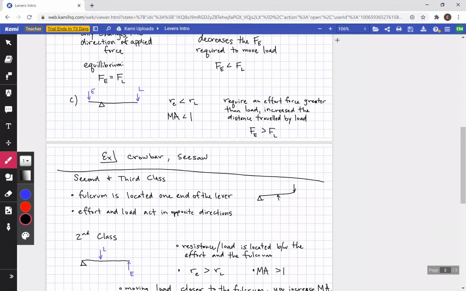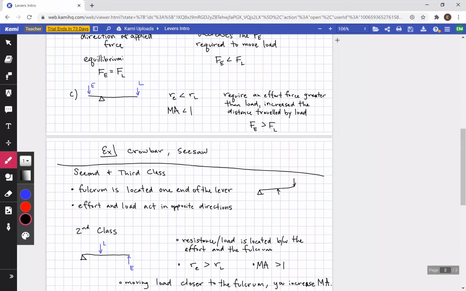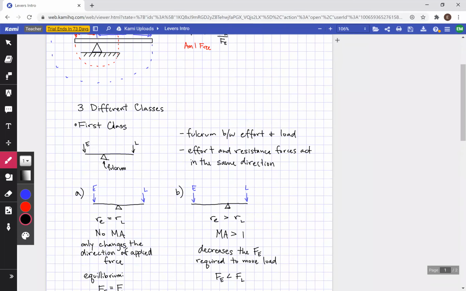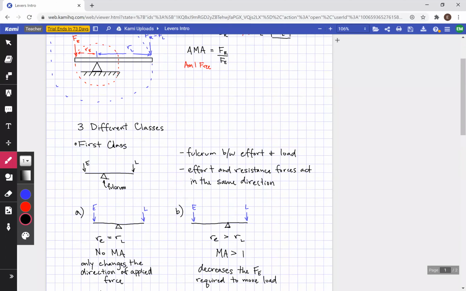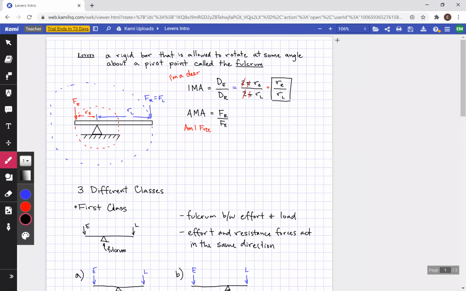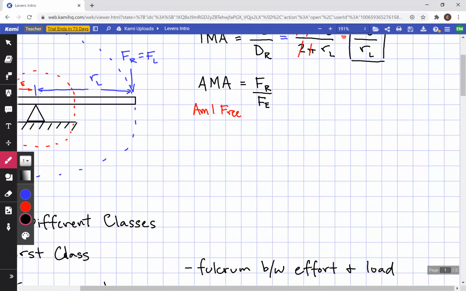We'll do some problems where we have to use the setup of the lever to calculate the ideal mechanical advantage, the actual mechanical advantage. We'll also look at the efficiency, right? Efficiency, same thing here, is eta. And we said that that was the actual mechanical advantage over the ideal mechanical advantage. Same equation applies here.